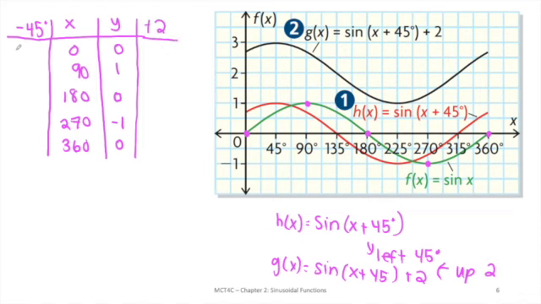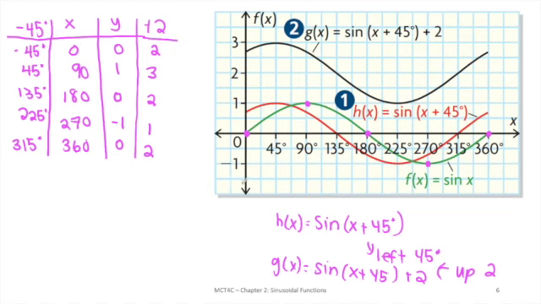Now just doing some math here. You're going to be at negative 45, 45, 135, 225, and 315, just subtracting 45 degrees from each of those, and then adding 2 to each of the y's. So you're going to be at 2, 3, 2, 1, 2.